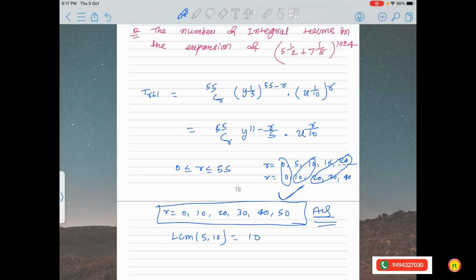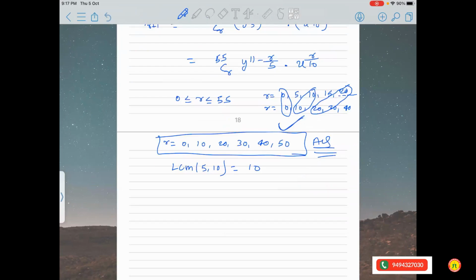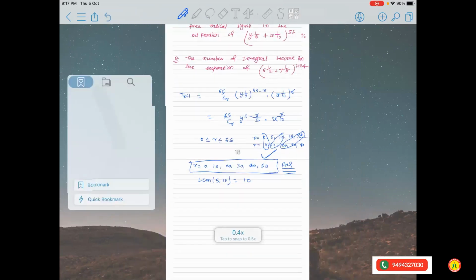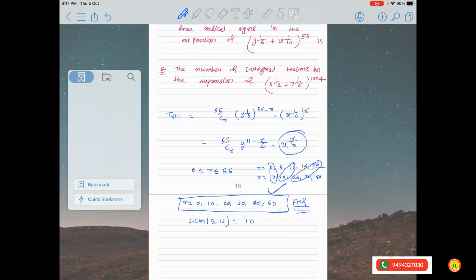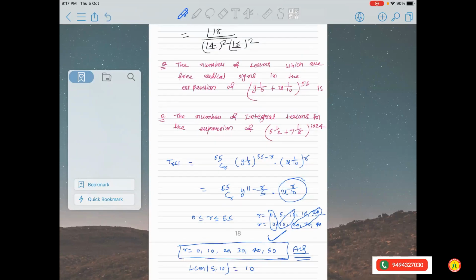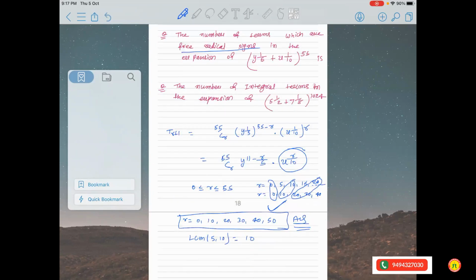If you put r equal to 5, then y power becomes 10, but x power is 1 by 2, so it is not free from radical. If you put r equal to 0, 10, 20, 30, it always gives free from radical sign. Got it?